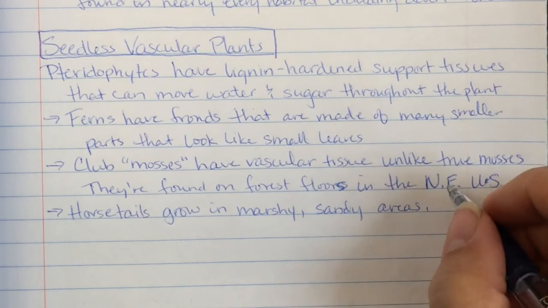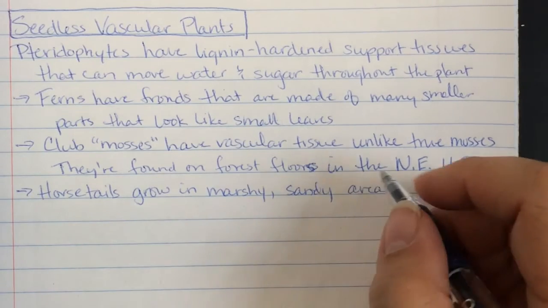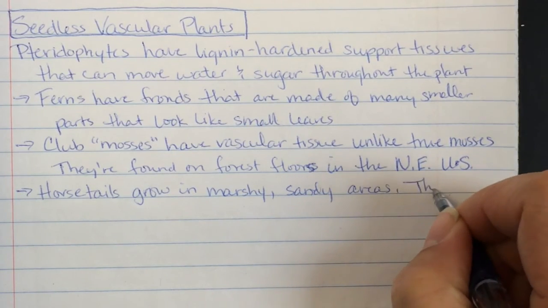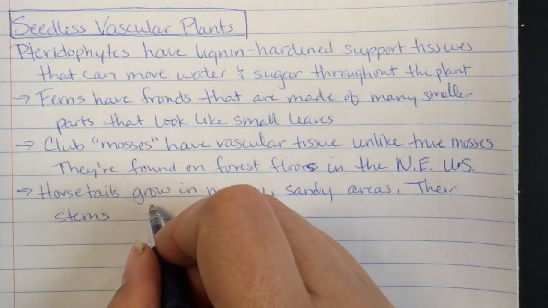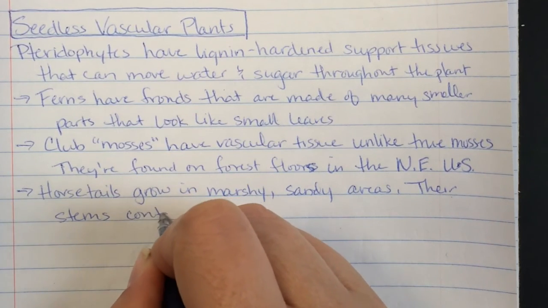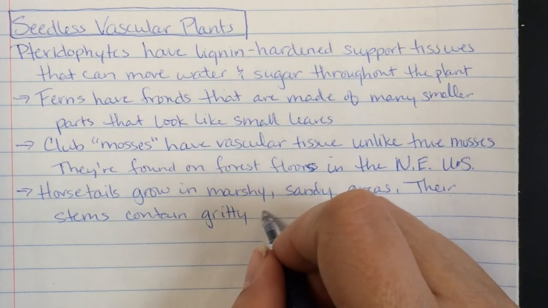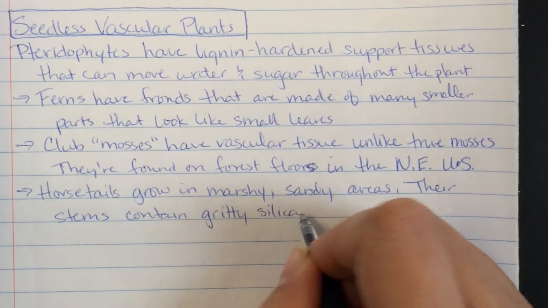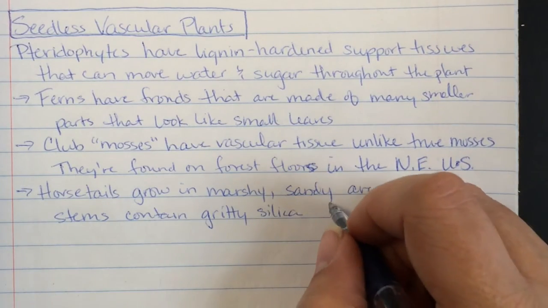Since they grow in really sandy areas, they tend to take some of that sand into them. And so their stems contain a really gritty substance called silica. And silica, if you go to a beach and see these beautiful white sands, it's usually a silica sand.